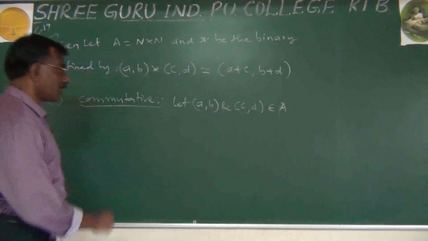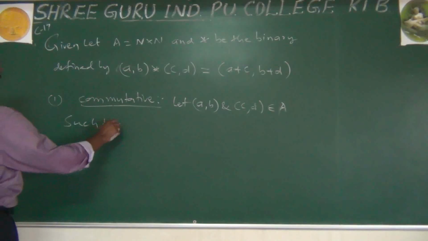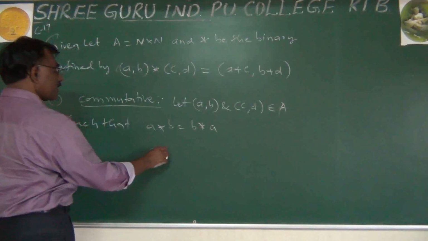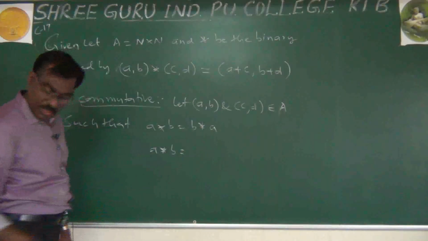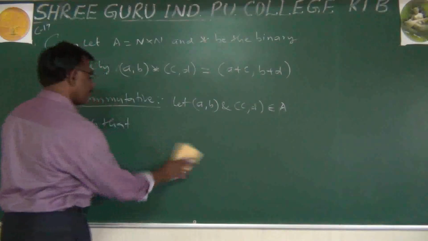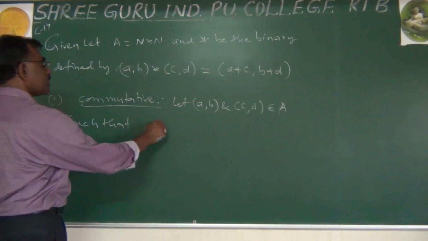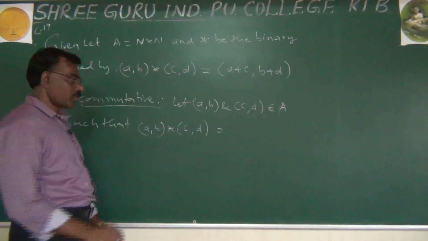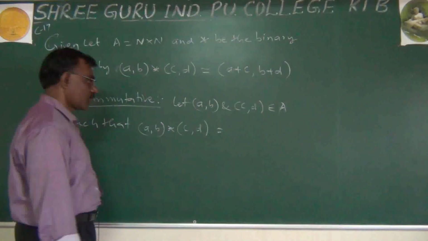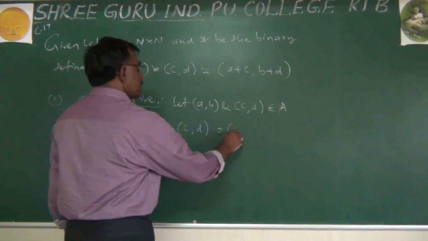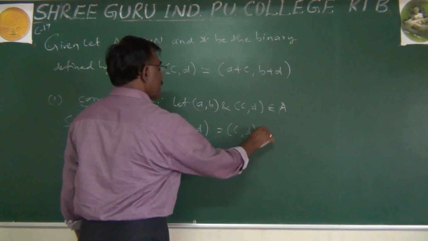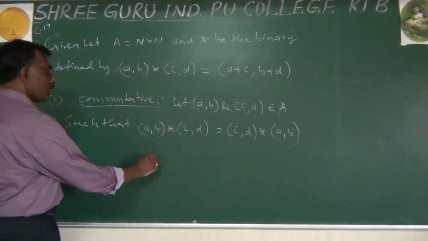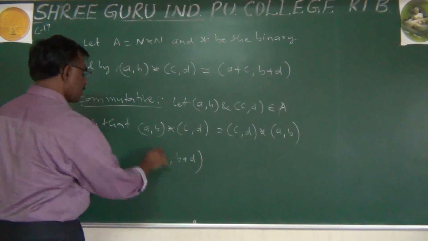Such that A comma B star C comma D equal to C comma D star A comma B. This is A plus C, B plus D, okay, simple.